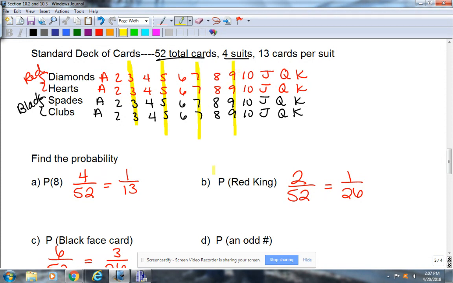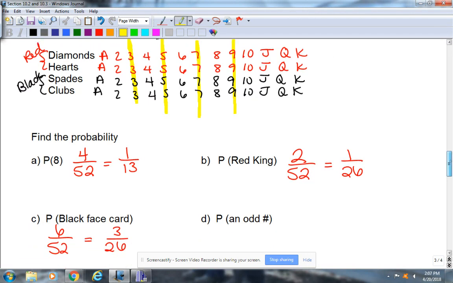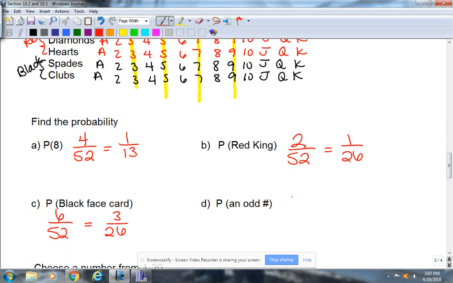And there's 4 in every column, right? So 4 times 4 is 16 odd numbers out of 52 total cards. I divide them both by 4: 16 divided by 4 is 4, and 52 divided by 4 is 13. So 4 out of 13.